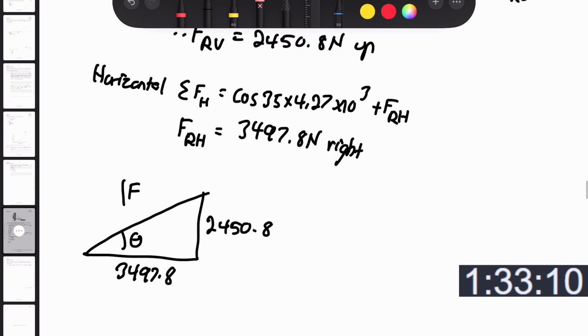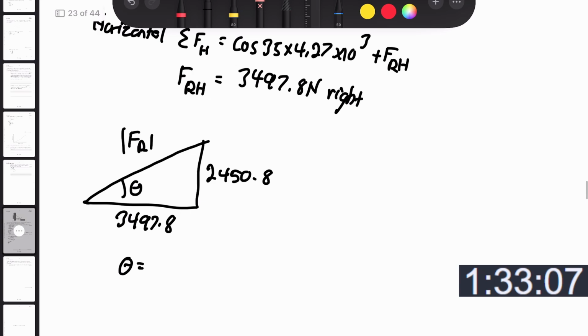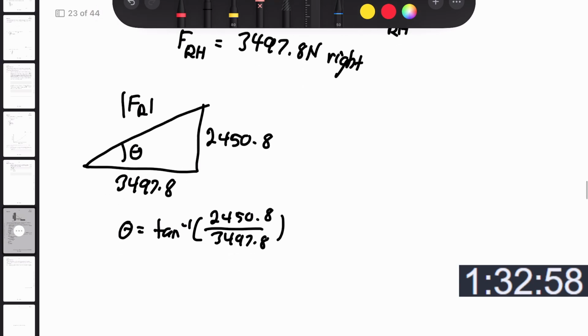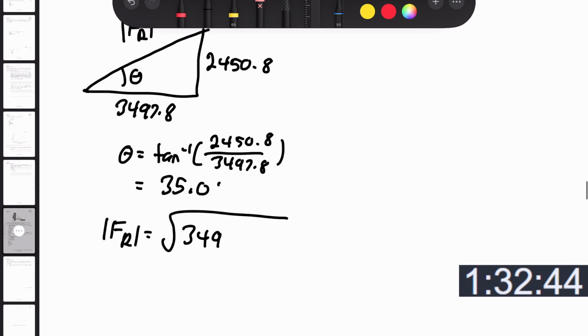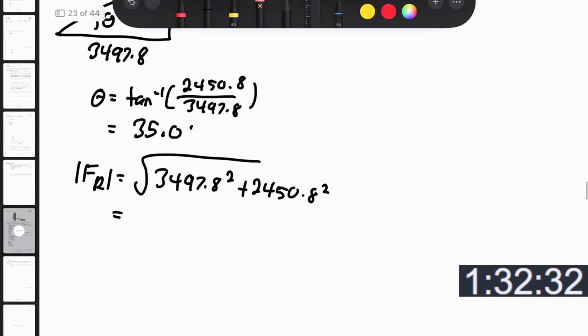We'll call this theta, and we'll call that F of R. Theta is tangent negative 1 of 2450.8 over 3497.8, which is 35.0 degrees, and the magnitude is the square root of 3497.8 squared plus 2450.8 squared, which is 4271.